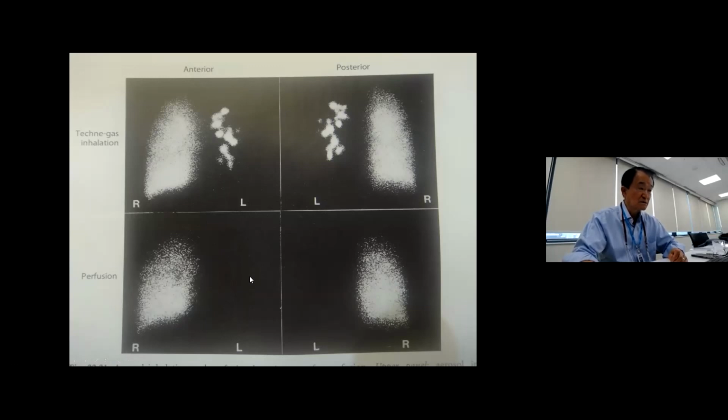So perfusion is worse than this one. Certainly small multiple emboli may do this, but that's rare. This kind of thing is more likely a bronchial lesion, particularly lung cancer, and that will shut down the whole perfusion.